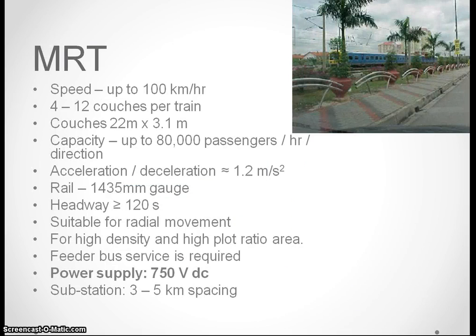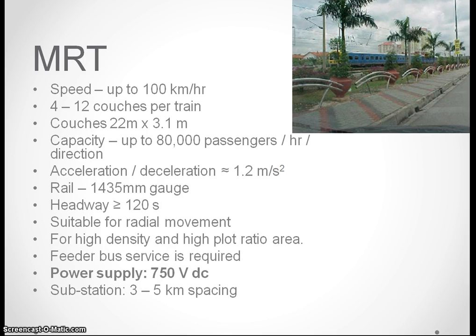So for the MRT, usually the speed is up to 100 km per hour. The number of coaches is between 4 to 12 per train, and the size of a coach is 22 meters long and 3.1 meter width.